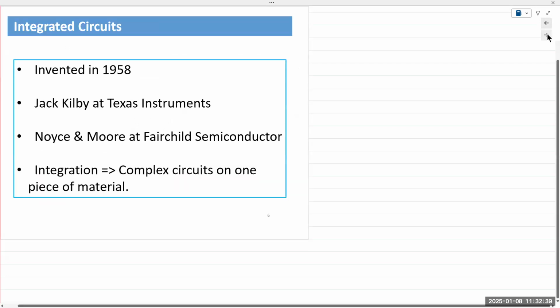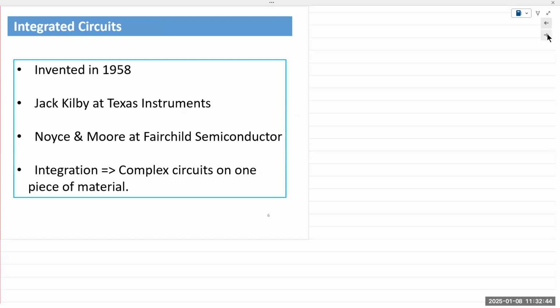A few years after that, there was a simultaneous invention of the integrated circuit in two different places. Jack Kilby at Texas Instruments was working on it. He was a young engineer hired out of, I want to say, UIUC. They were trying to create a circuit on a regular board, and it was causing problems.